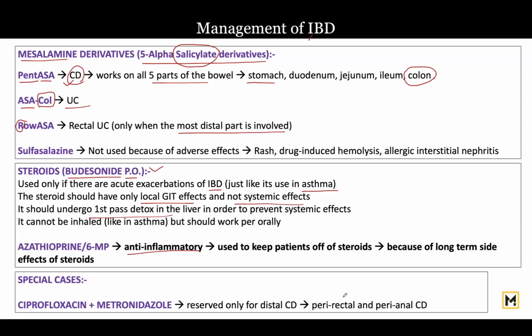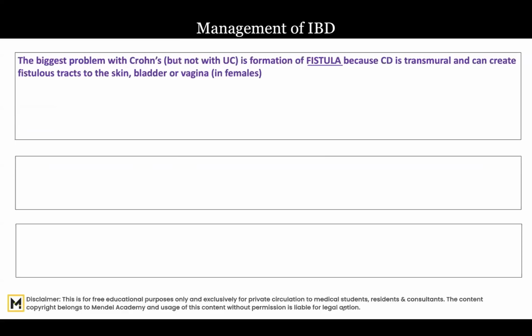So what this means is we are looking at fistulas and fissures. That's where you can use this. That also makes sense because metronidazole will take care of the anaerobes, and we know that when you have perirectal leakages, you will get a lot of anaerobes around that region.